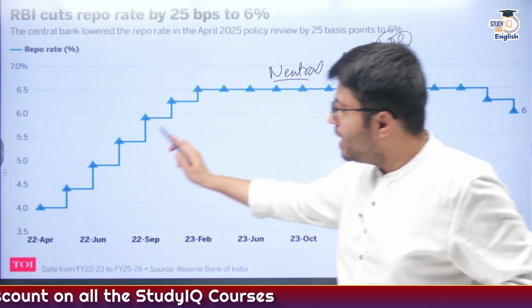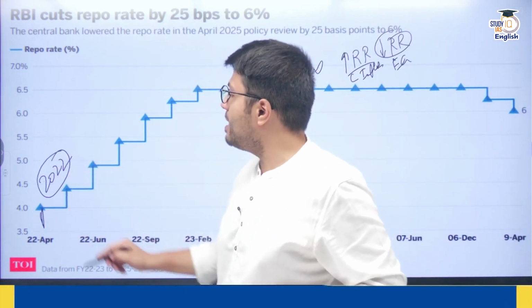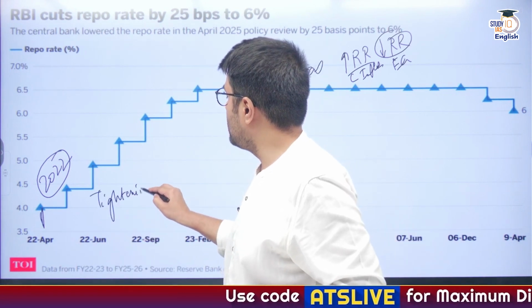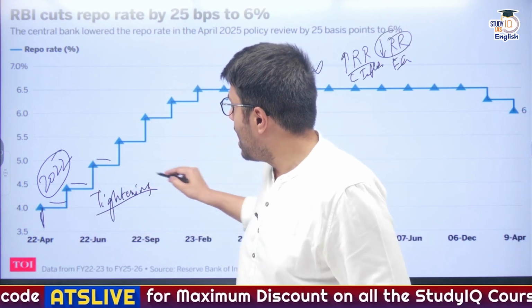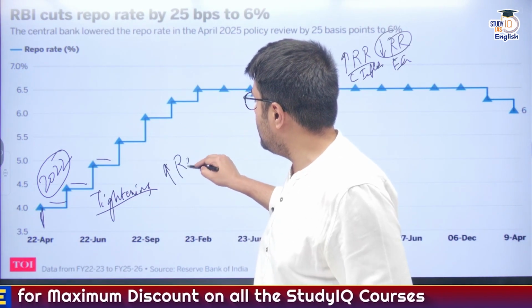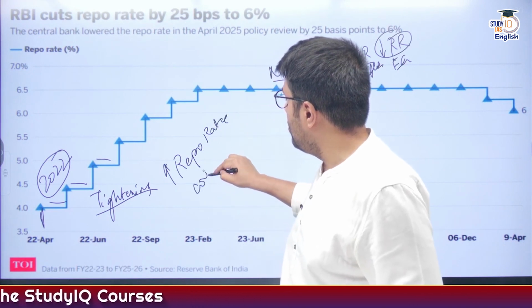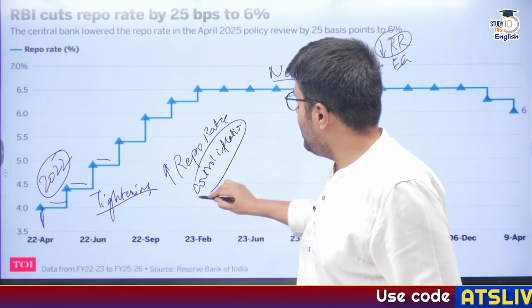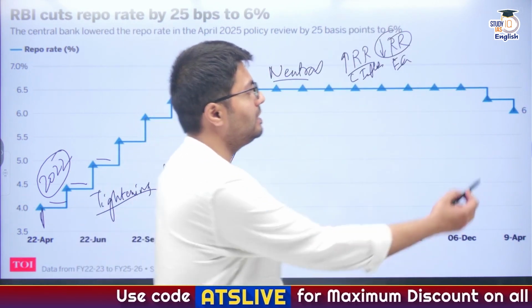But in April 2022, RBI adopted a tightening stance of monetary policy, which means that going forward in these months, RBI increased the repo rate in order to control inflation. Now we understand the inflation levels have been controlled. So RBI has changed its monetary policy stance here.